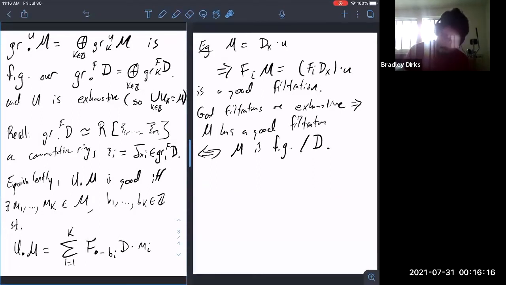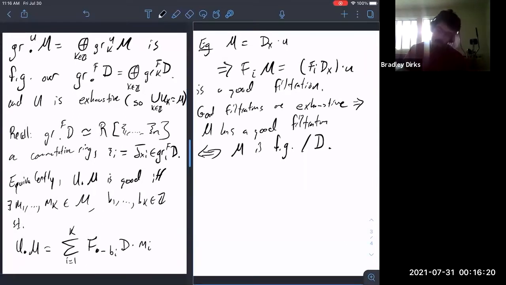So that means that M is actually generated by those elements m_1 up to m_k. And so this is actually part of why we want to know if that D-module is finitely generated over the ring D.